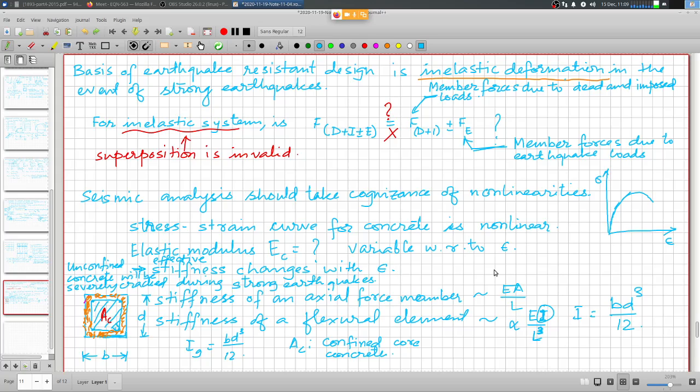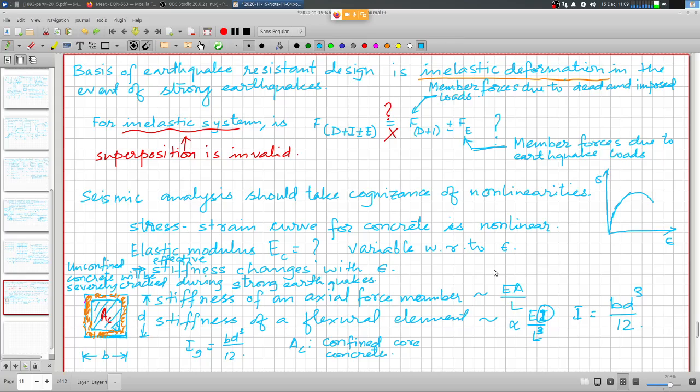But if the static dead load force in the column is compressive, then obviously the stiffness would be much reduced and it will be much more vulnerable.